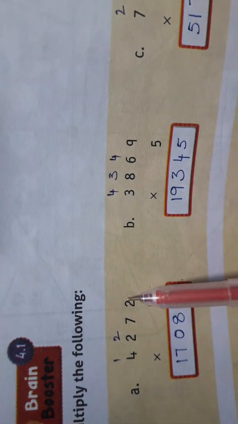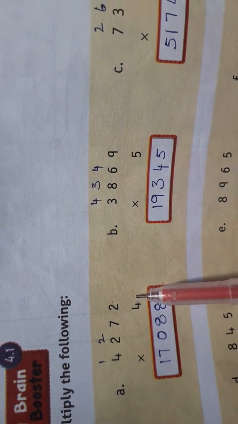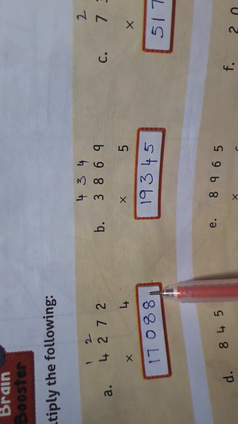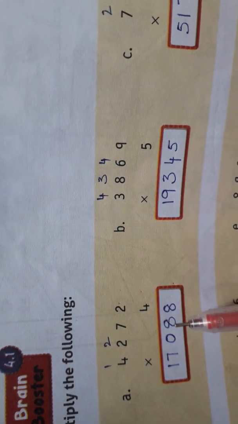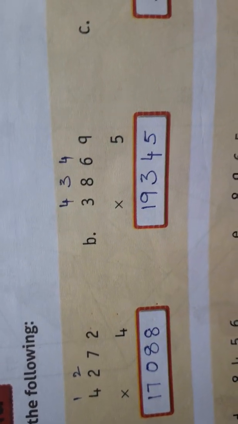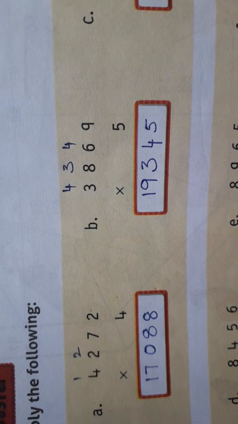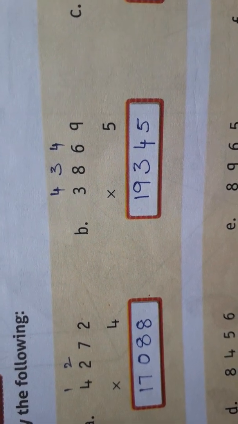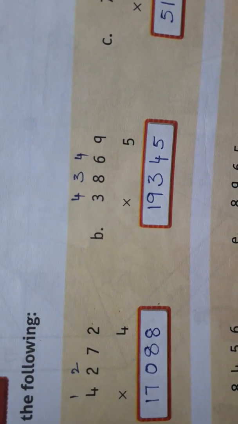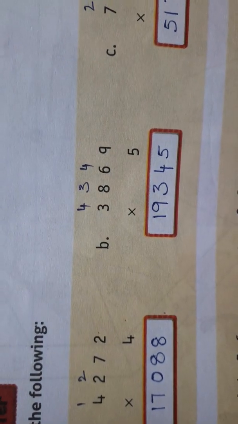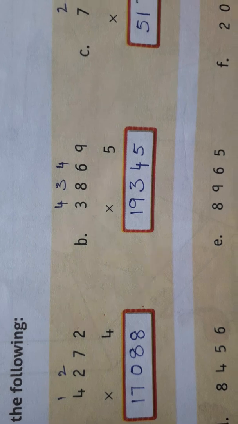I repeat, multiplicand, multiplier and product. Now we will see children how to multiply. Before you enter into this chapter, I would like to tell you that it is very important for you to learn tables. Then only this multiplication chapter is easy.